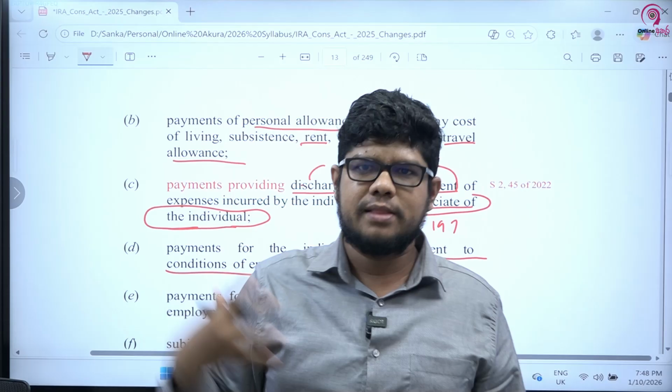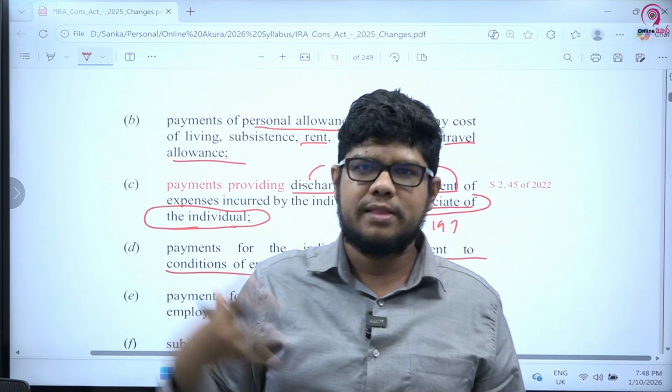In your consultancy journey, if you are a tax consultant, you need to break every section down into your understanding, right? So how do you read it? Payment or transfer to another person for the benefit of whom? The associate person of the individual or the individual, right? So what does this mean? The same example I have taken earlier.